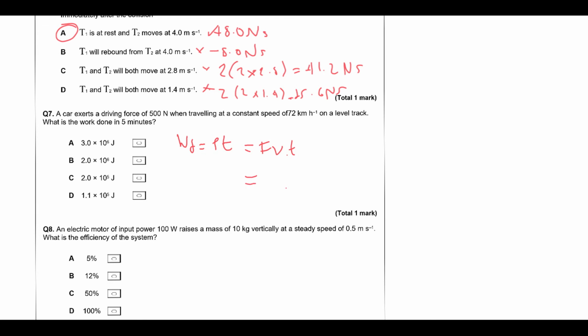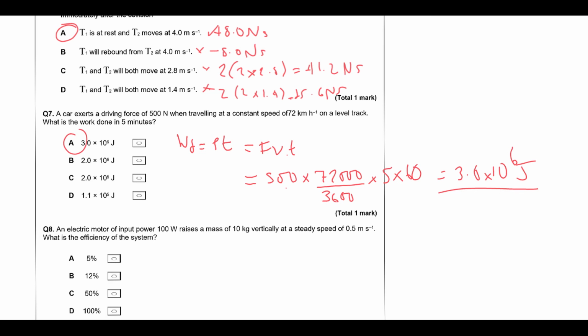That's going to be 500 times 72 kilometers per hour, but in meters per second, times the time in seconds. When we work through that, it ends up being 3.0 times 10 to the 6 joules. So that's option A again. So we've got another A.